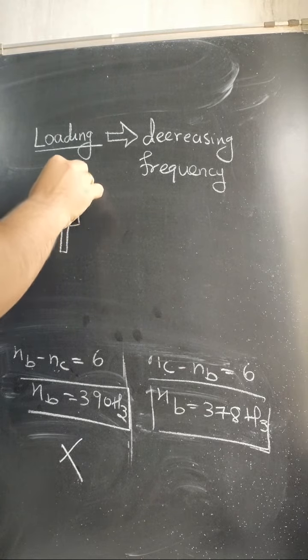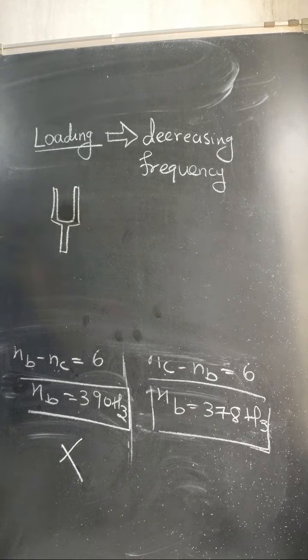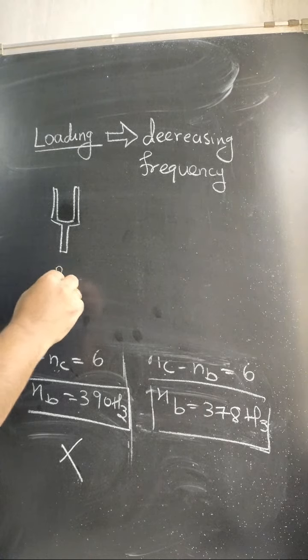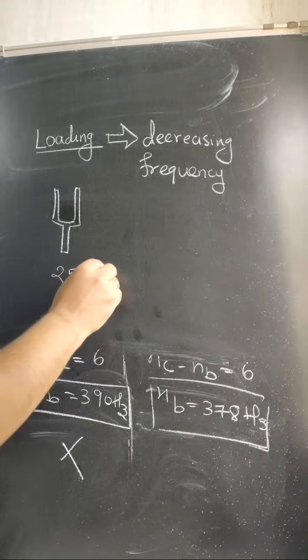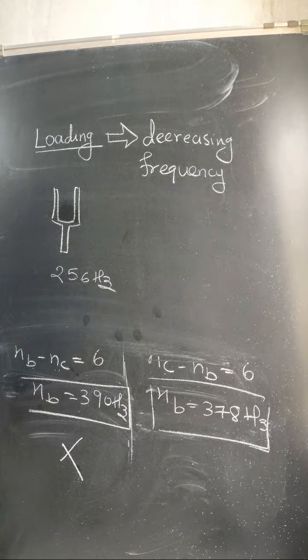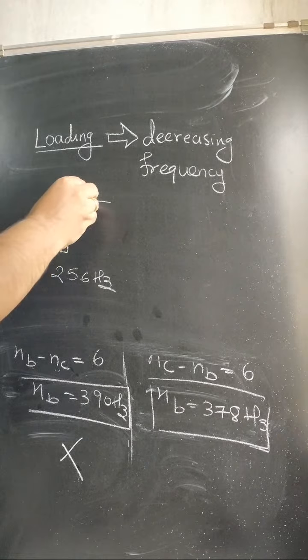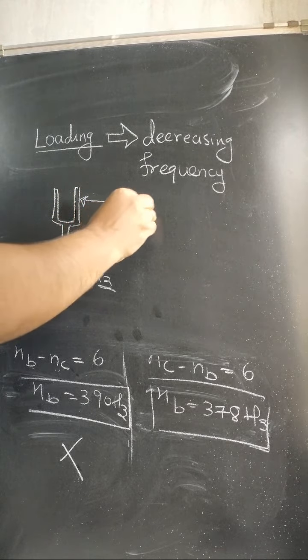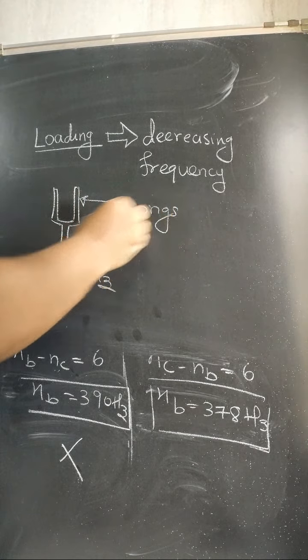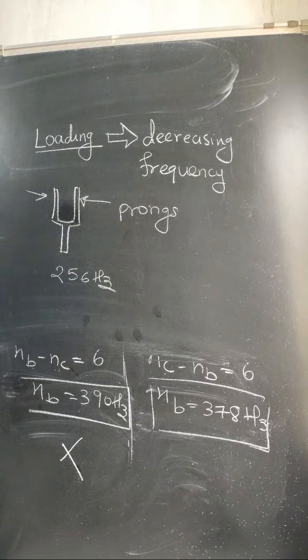If this is a tuning fork, and let us say its current frequency is 256 Hertz. So in loading, what you will do is, these are the prongs of the tuning fork.